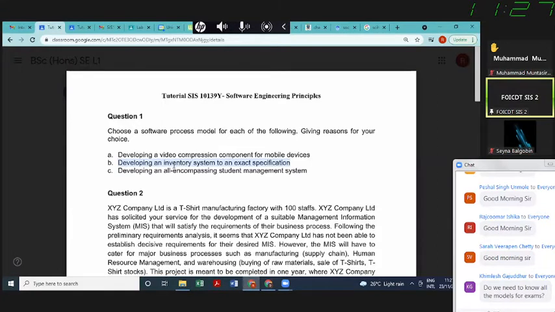Part C, developing an all-encompassing student management system. Mohammed, you have a question? I use incremental because a management system is large and this project must be done stepwise. For example, step 1, I need to check if I can properly input the student name. Then step 2, if I can input their age, because this system will continue growing.